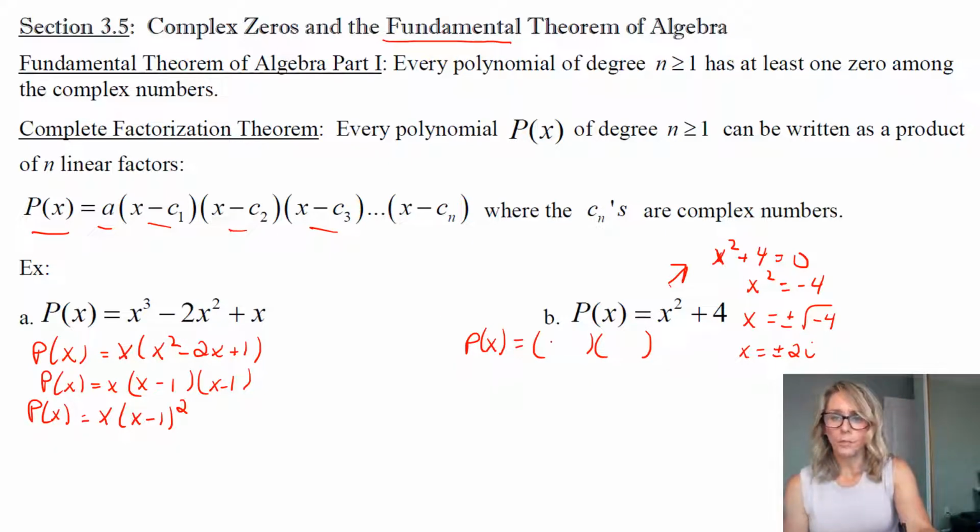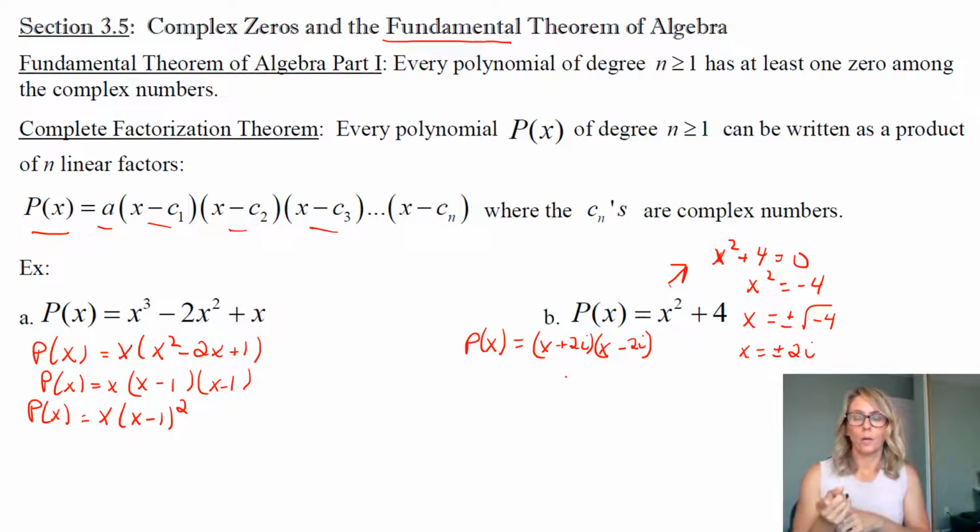Both of those factors are going to start with x, because that's how you get your x squared, but then you're going to have these two zeros that we found. We end up with these values here, as you can see. So if you were to multiply this out, you're going to come back to x squared plus 4, but you do want to understand that the bottom version that I have here is the way that it is written with those complex numbers as linear factors.